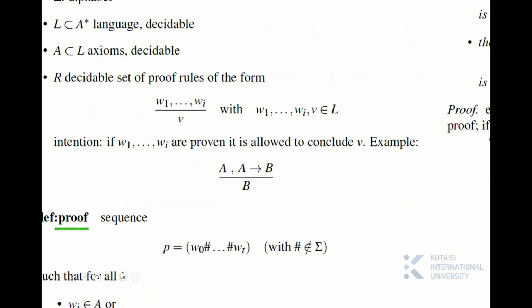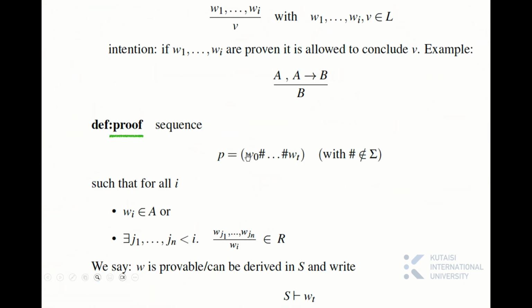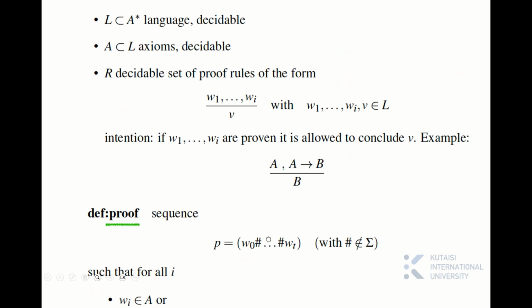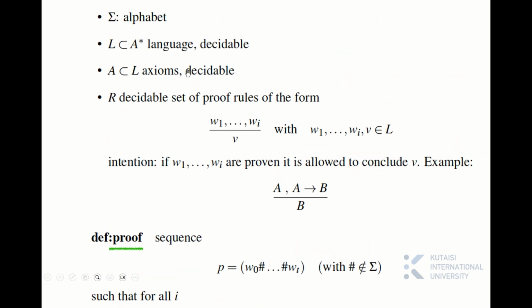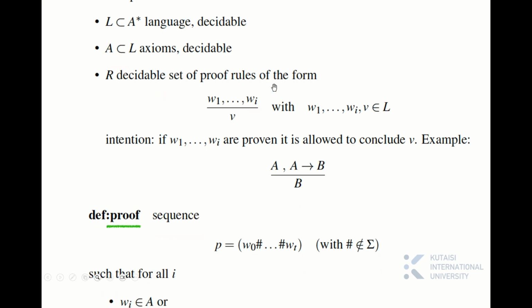How? So you start here. For W0, you check whether it's an axiom. Why can you say yes or no? Decidable. Just because axioms are decidable, you can check whether W0 is an axiom or not.